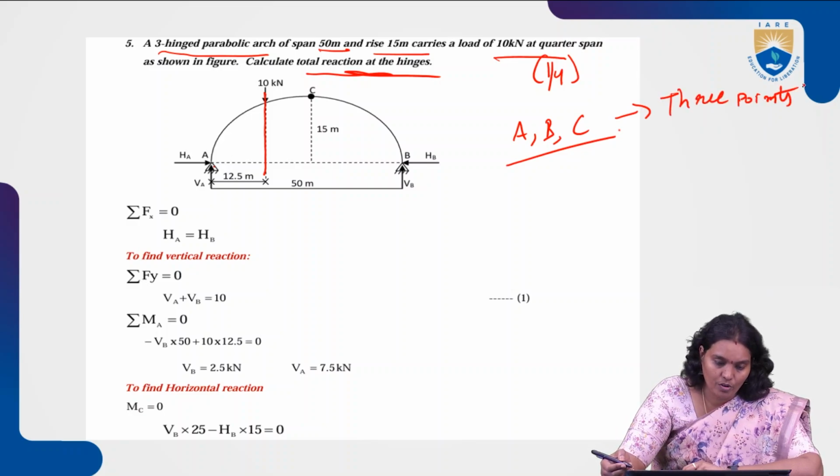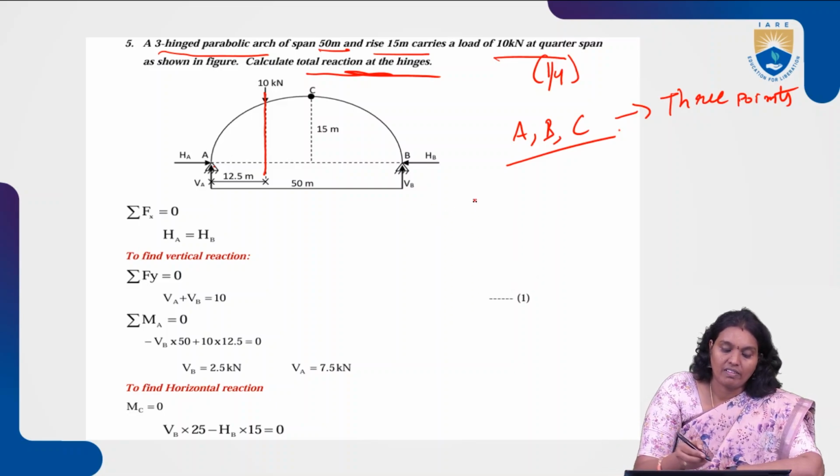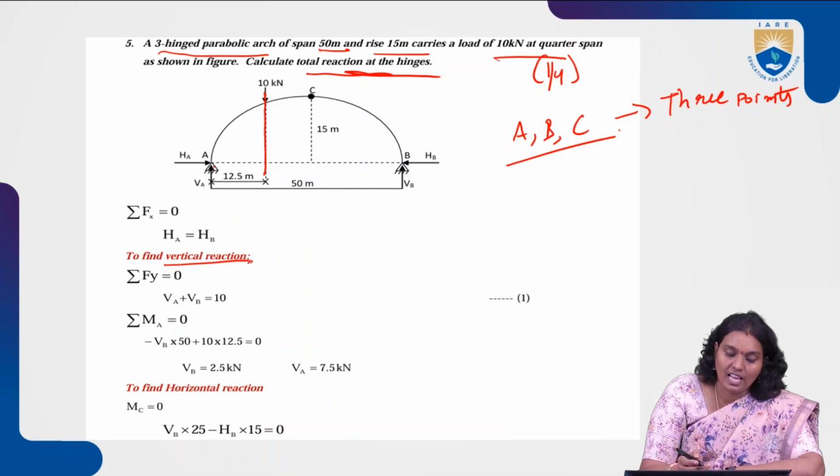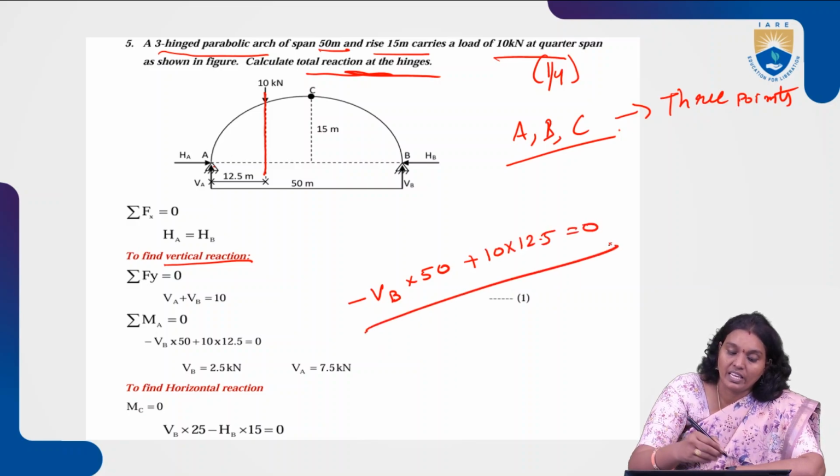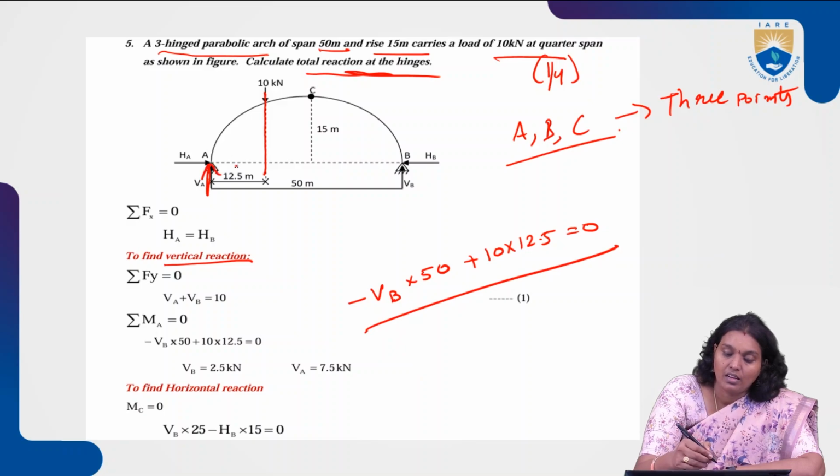Now find out the vertical reactions as well as the horizontal reactions using the moment with respect to A. That is VB multiplied by 50 plus 10 into 12.5 is equal to 0. Here this is considered negative and downward is considered positive.